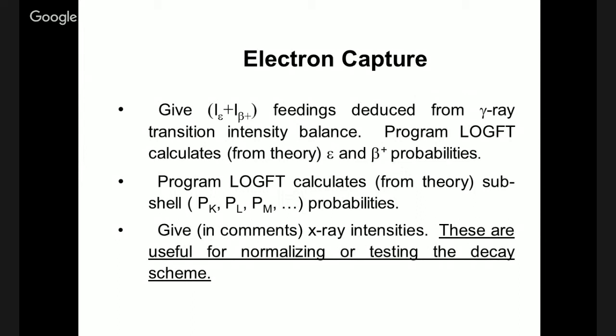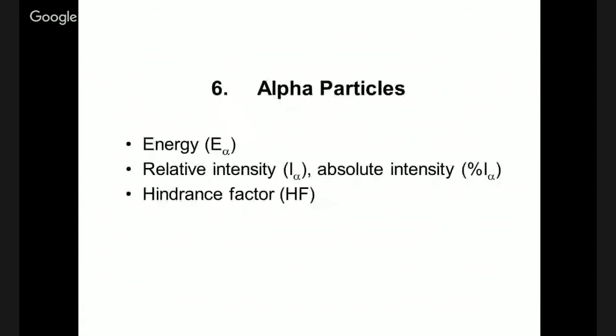These are very useful for normalizing the decay scheme. If you know the X-ray intensities and you know something about the decay scheme, you can determine the normalization, a factor that you multiply all the other radiations by and gives you the absolute values. That means the emission probabilities. And you can deduce that from the X-rays.